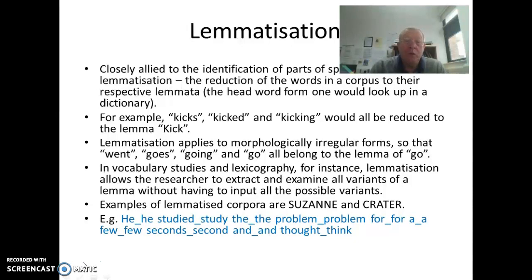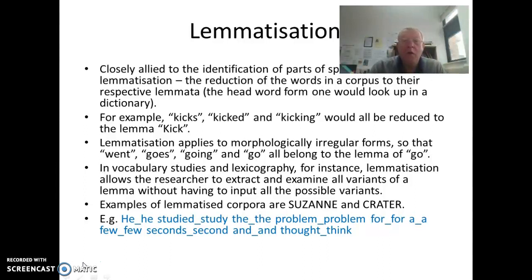For most of these words, the lemma is the same as the raw text in the corpus, so we can see the lemma of he is he, and the is the, and so on. But some words, like studied, appear in the corpus in the past tense and come from the lemma study, and seconds in the plural comes from the lemma second.